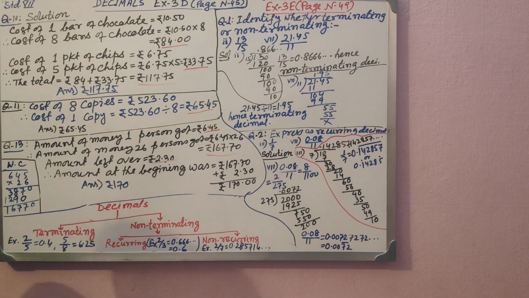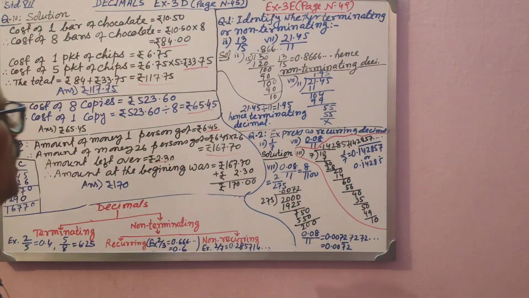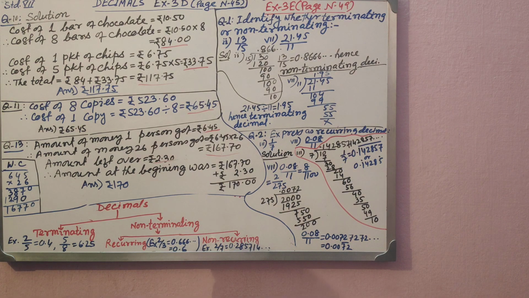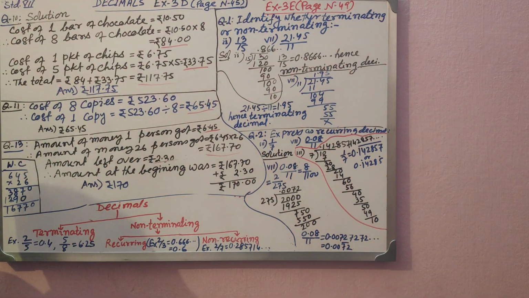Now the second question I have taken up. The cost of 8 copies is given to you, that is rupees 523.65. I need to find the cost of 1 copy. So you need to do the division operation.